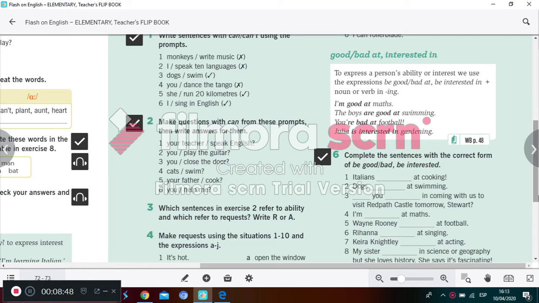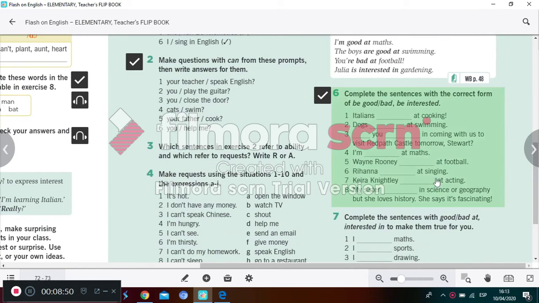So, in activity number 6, students, you need to complete with good at, bad at, or interested in. For example, Italians are good at cooking, Italians are bad at cooking, or Italians are interested in cooking.